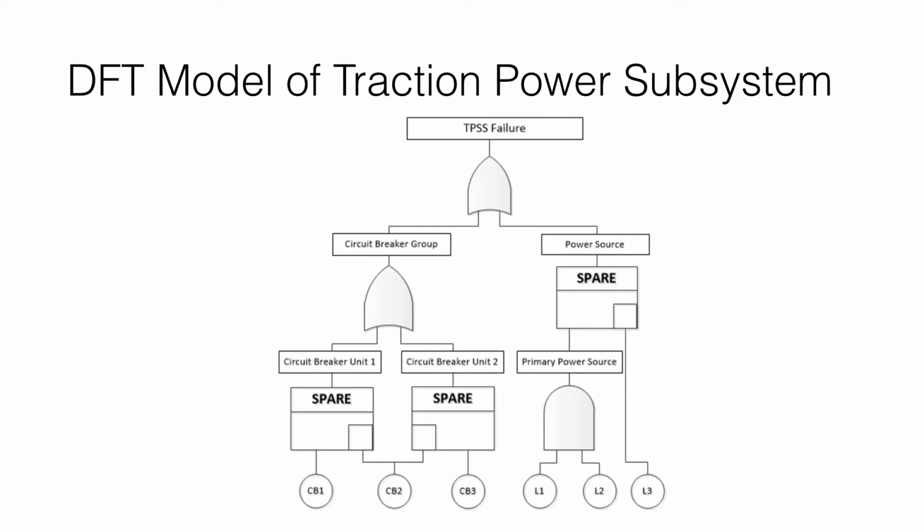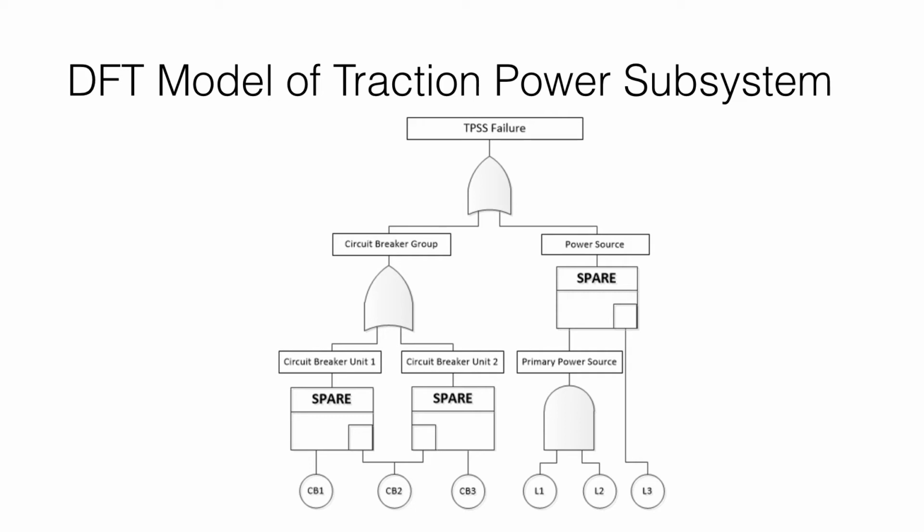And on the right of the DFT tree, you can see that there's a primary power source and a backup power source as well, which is used as a spare. And then failure in any one of these power components would cause a failure of the overall traction power subsystem.